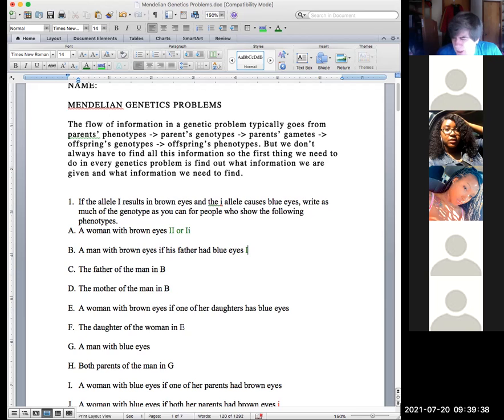So you could only pass down a little i to your children. This guy had to inherit a little i from his father, so the only genotype that's possible for him is big I, little i. Notice we could also figure out from this that his mother must have brown eyes, because he got the big I from her.